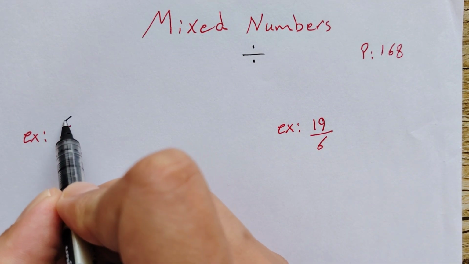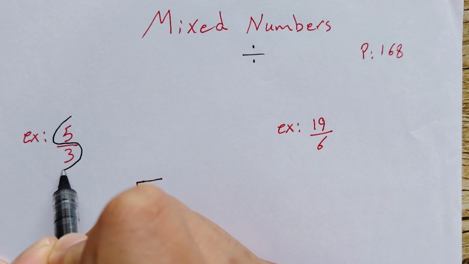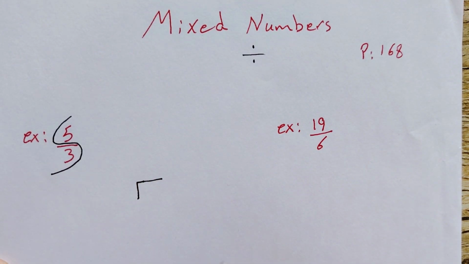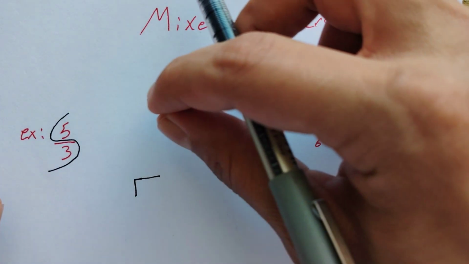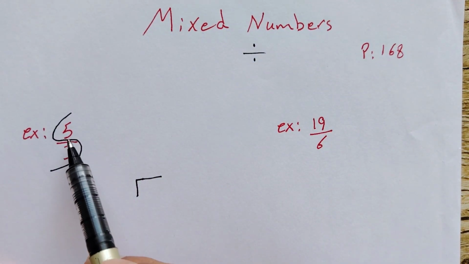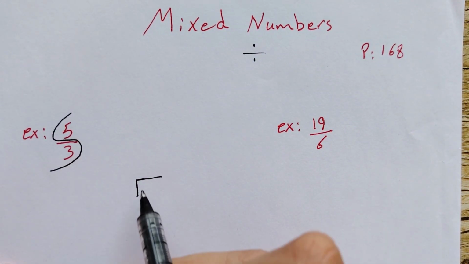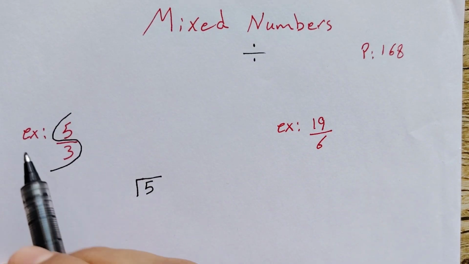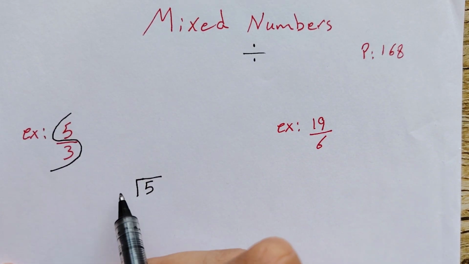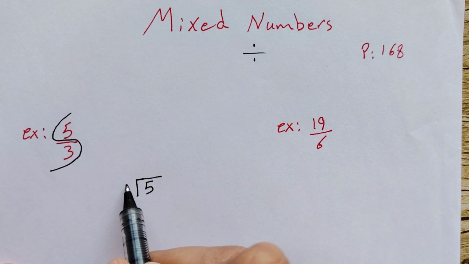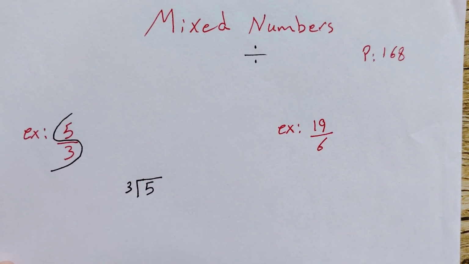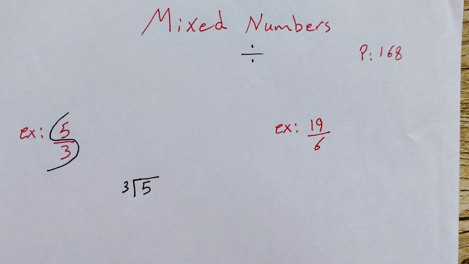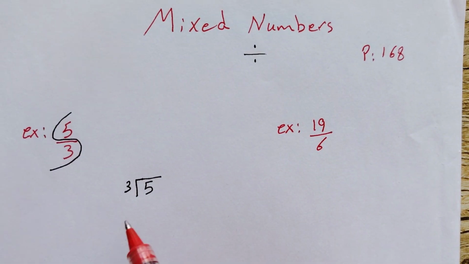Always try to make a small s around the fraction. Now when you stretch that out, the 5 will be on the right side, so I'm gonna write the 5 as a dividend. Then the denominator, the 3, will be on the left side, so I'm gonna write it as a divisor. Now we will only divide it normally.